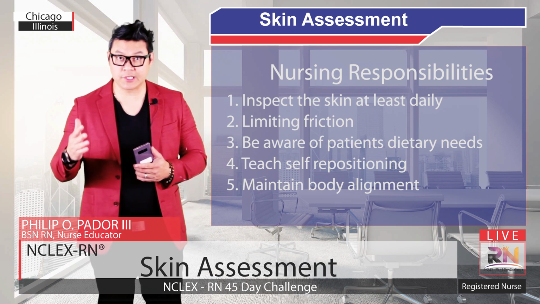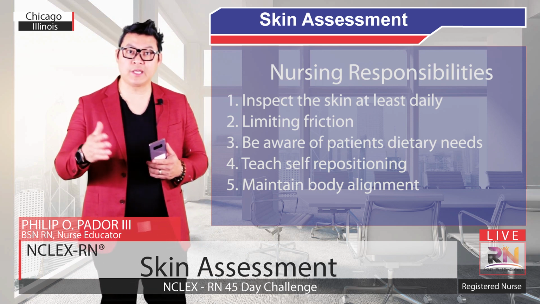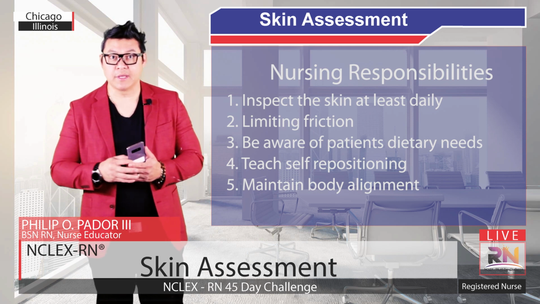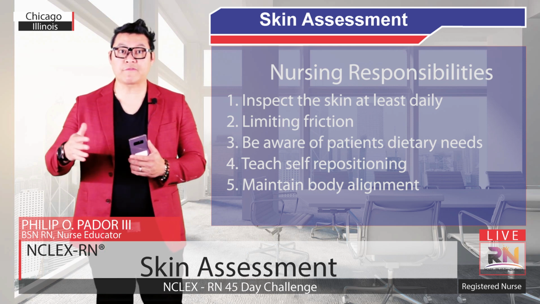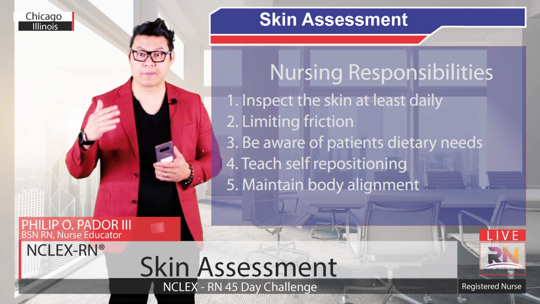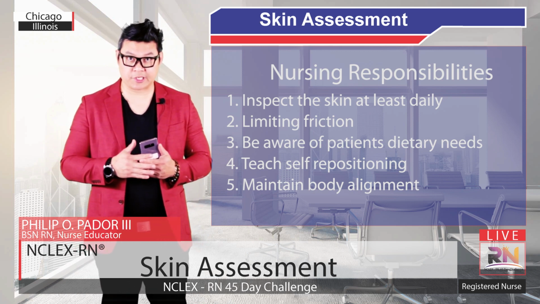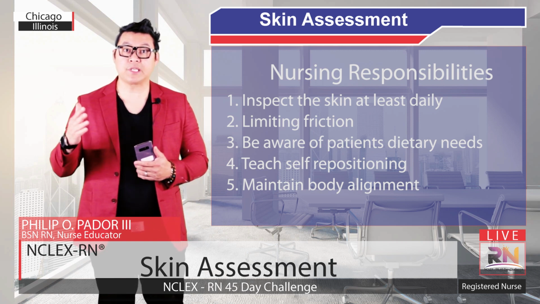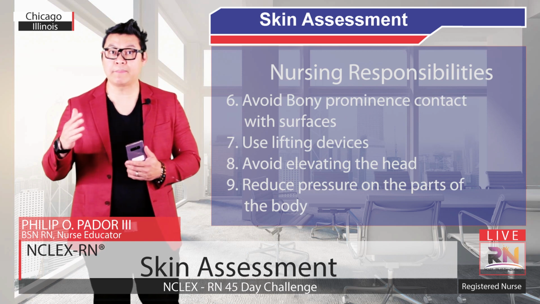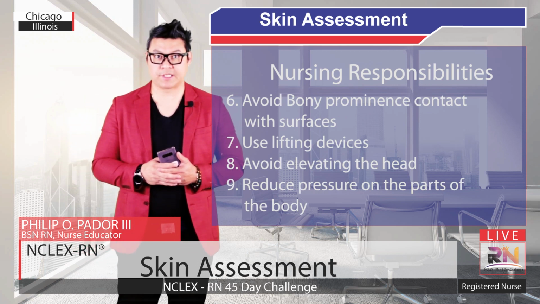Avoid shear and friction by using careful positioning, turning, and transferring techniques. If the patient is bed or chair bound, reposition, or teach self-repositioning, every 15 minutes for a chair or every 2 hours for a bed. Use a chair cushion or pressure mattress, and position pillows or wedges to maintain body alignment and avoid bony prominence contact with the surface.